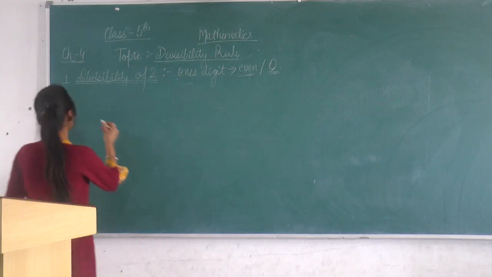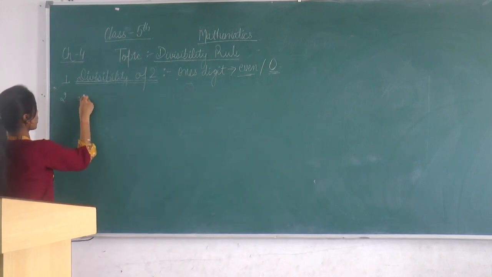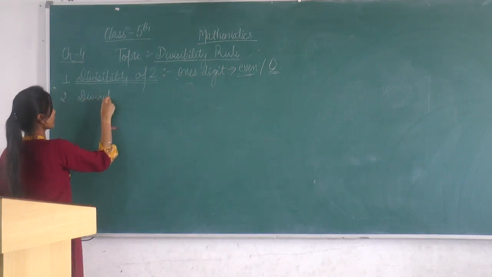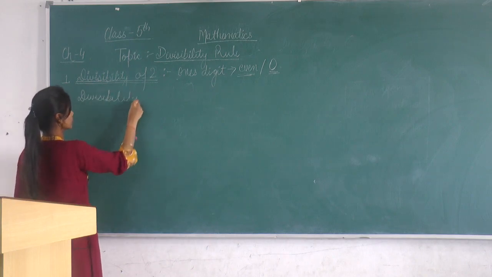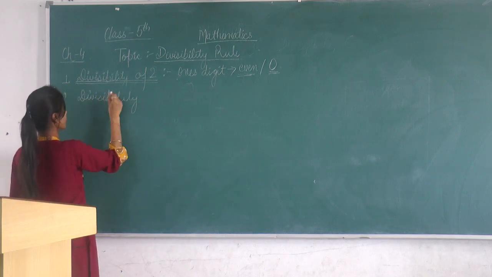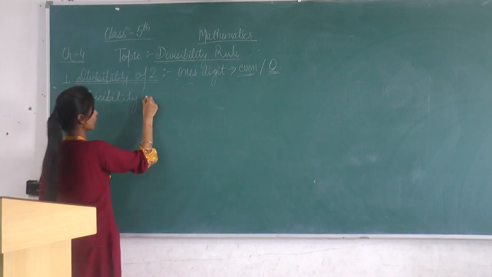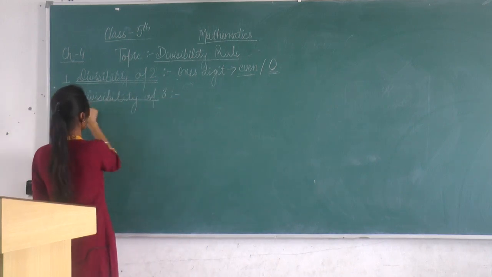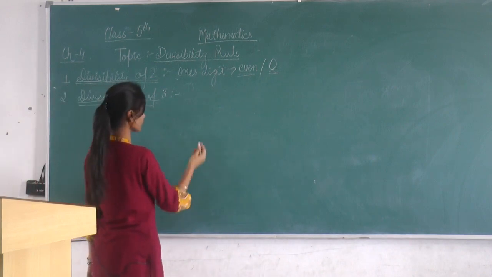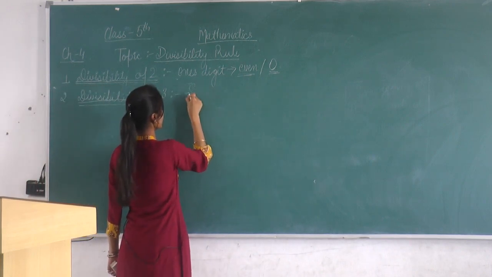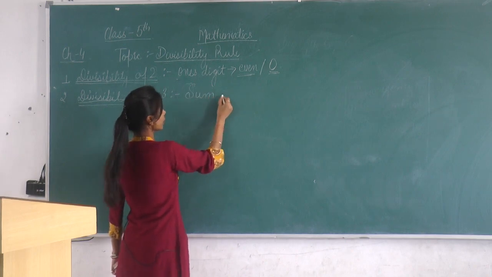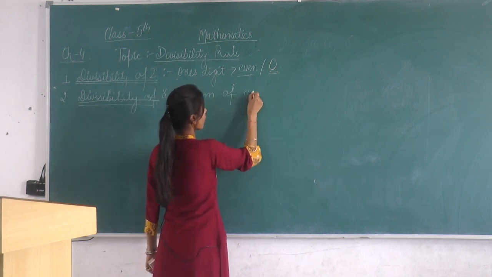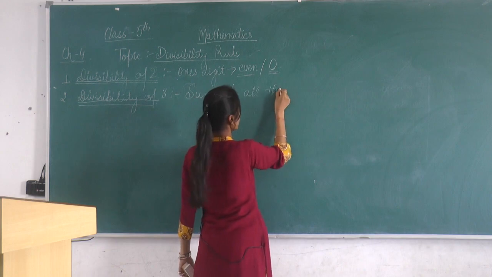We have to check the divisibility of 3. How do we check the divisibility of 3? Look here. One thing you have to remember, simple: the sum of all the digits.